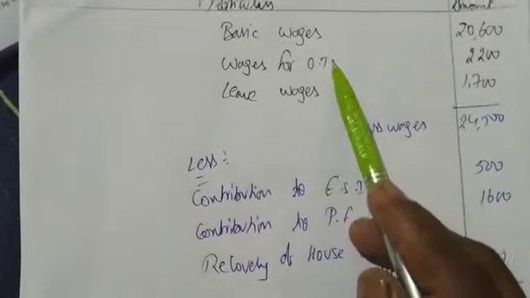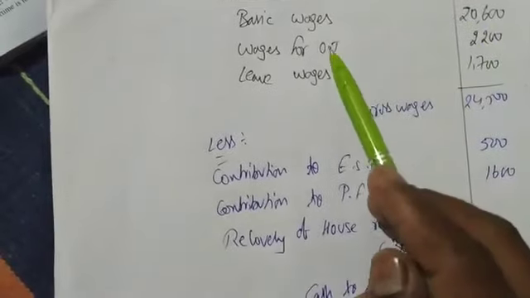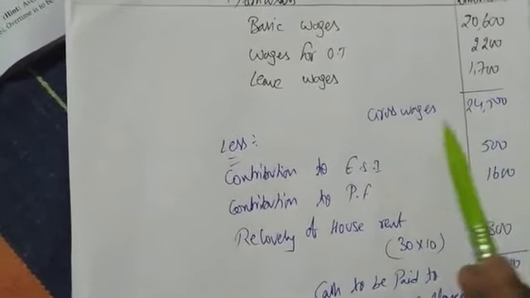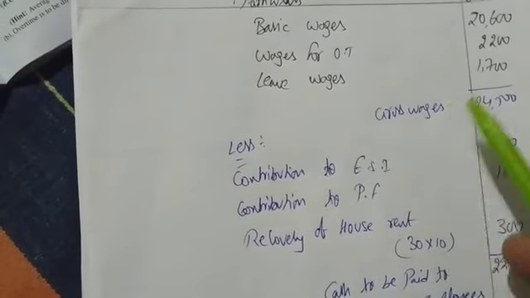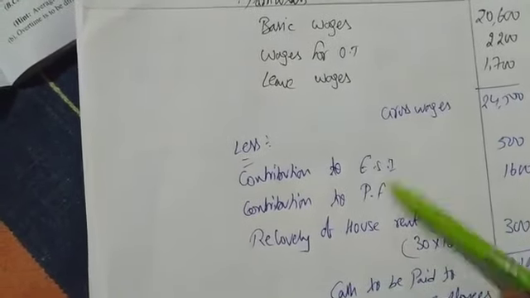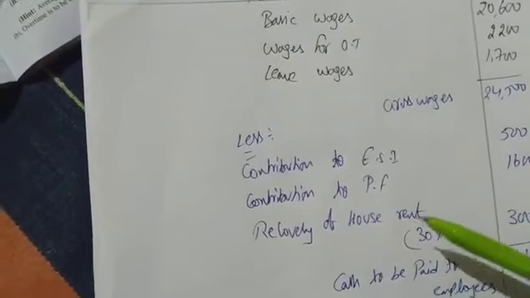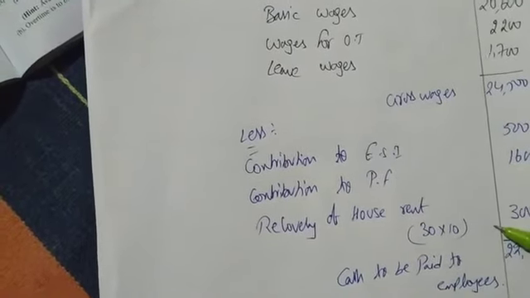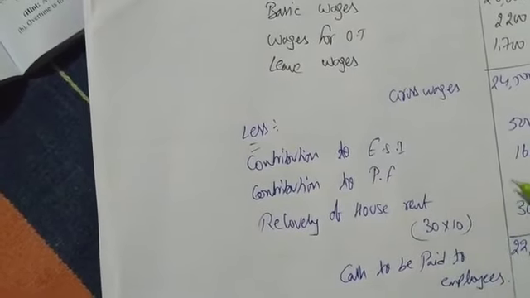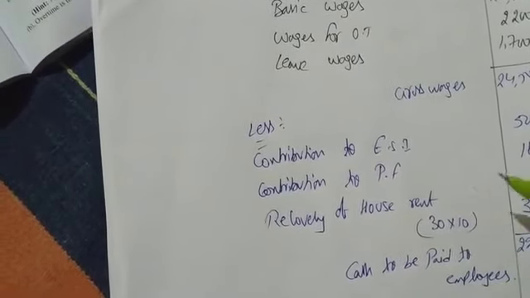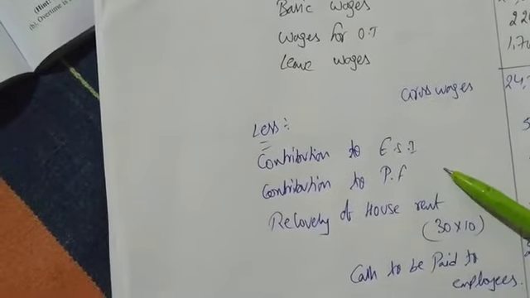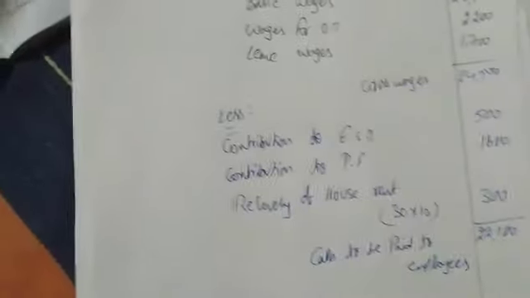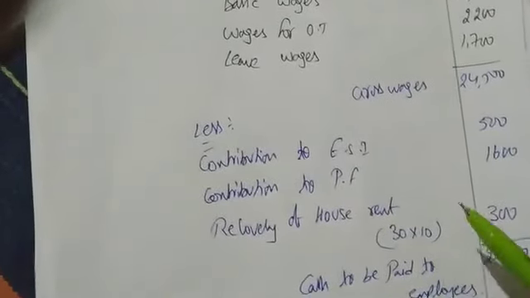So in this problem basic wages 20,600, wages for OT 2,200, leave salary 1,700, this gross wages 24,500 he has to receive from the employer. From that he is contributing to ESI. This is the employee's contribution, so we have to deduct it from his wages: contribution to ESI, contribution to provident fund, and recoveries, which means the employer is taking money from the employee, 300 rupees for HRA.